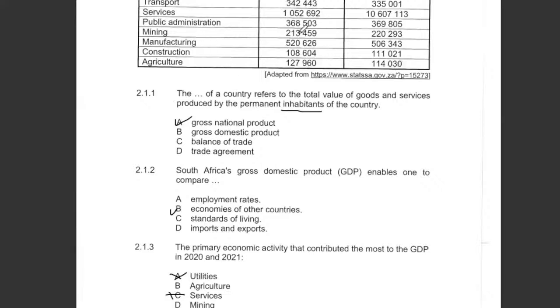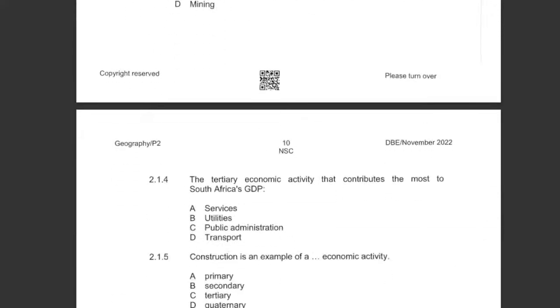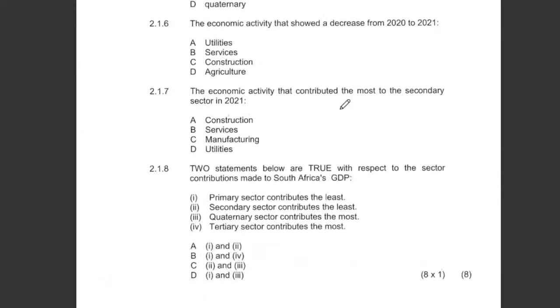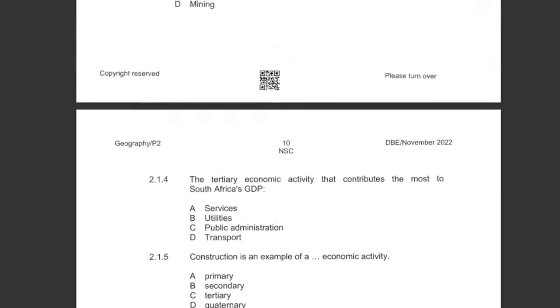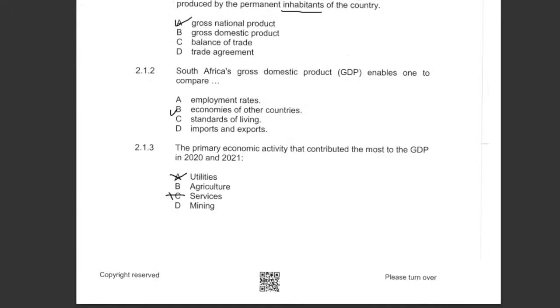Then mining is 200. So the only answer that suits there is mining. So we look at mining as the best option. Okay, so the answer there is D.